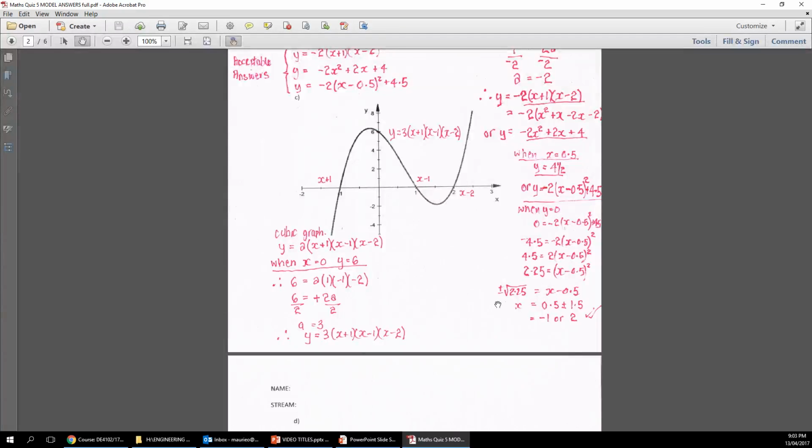Take the square root of both sides, we get plus or minus the square root of 2.25 equals x minus 0.5. The square root of 2.25 is 1.5, so we get x equals 0.5 plus 1.5 or 0.5 minus 1.5, which gives us x equals 2 or negative 1.